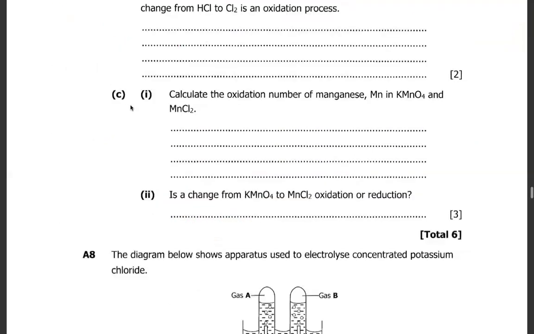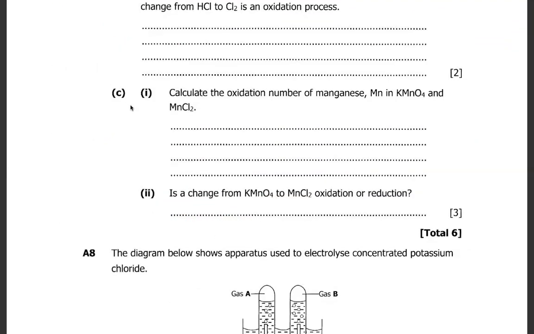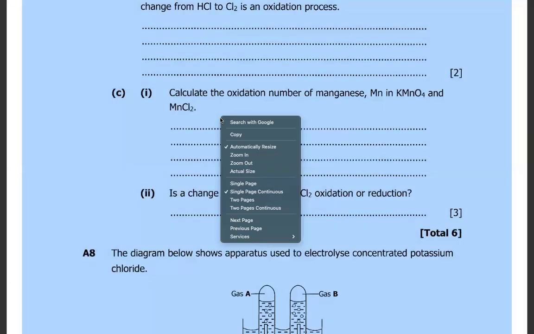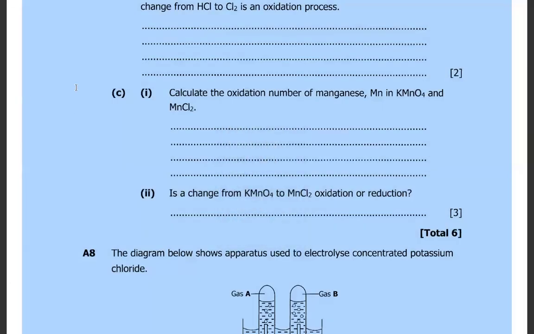Okay. Then C says, calculate the oxidation state of manganese, Mn, in potassium permanganate. So the process is just the same thing that we did.